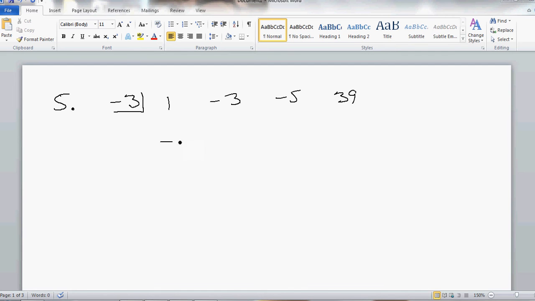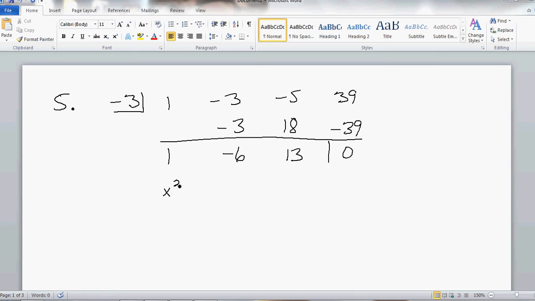If we do this right, we better end up with a 0 right here. That's our goal. Drop the 1. 1 times negative 3, and add. Multiply the negative 6 times negative 3, 18. Add. 13 times negative 3 is negative 39, and add. We get our 0. But more importantly, we're left with x squared minus 6x plus 13.